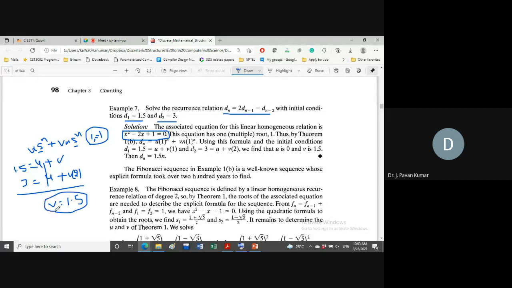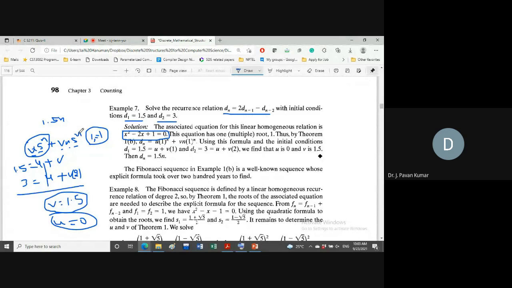And what's the value of u? 0. Now we have obtained the values of u and v, and we already know the value of s. If you substitute, u value is 0, so this term will be 0, and v value is 1.5. Whatever the n we have remains as it is.